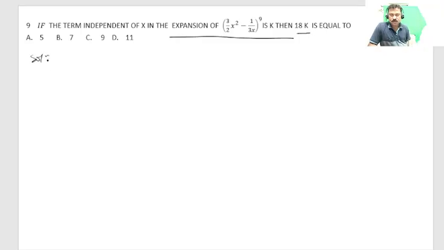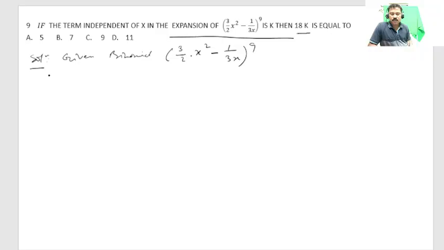Solution. Here the given binomial is that is (3 by 2 x square minus 1 by 3x) whole to the power 9.